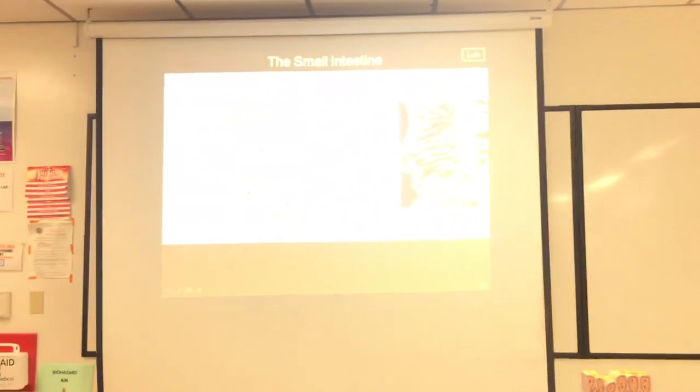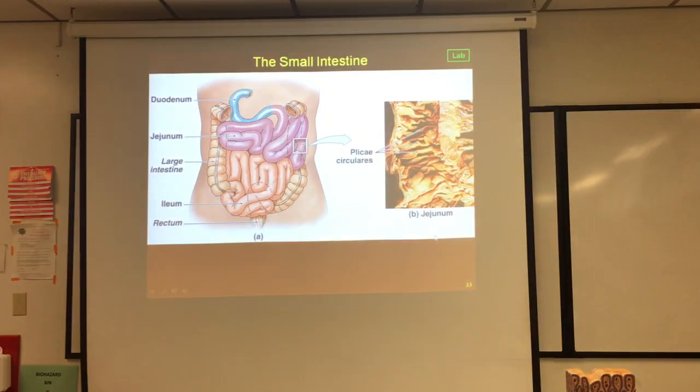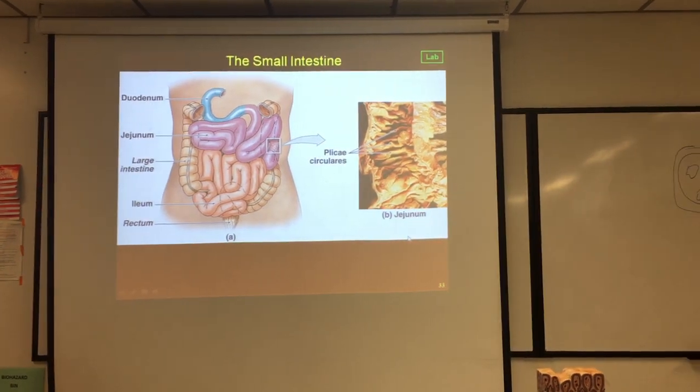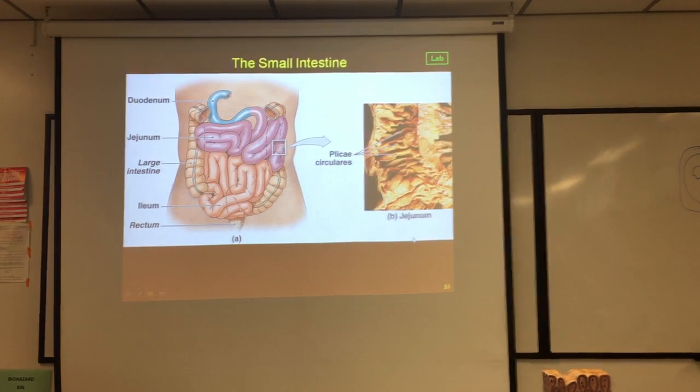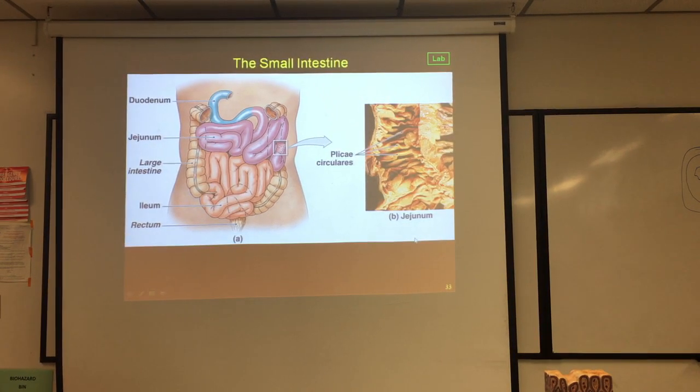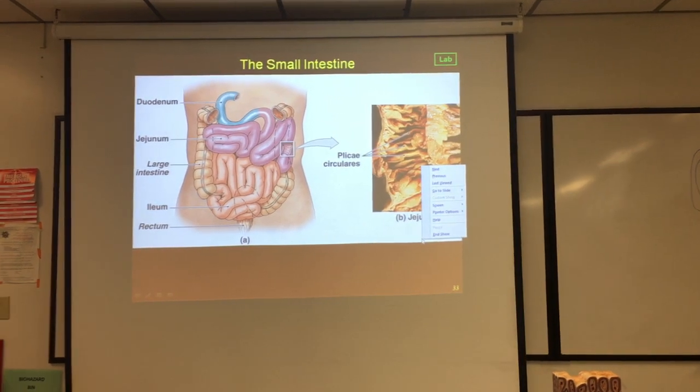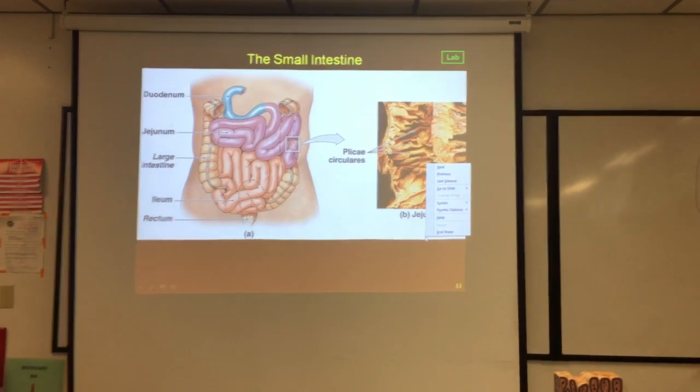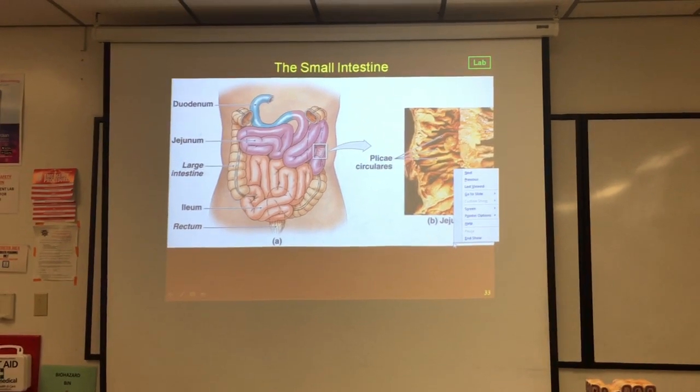Small intestine is primary site of chemical digestion and absorption. Total length of about 10 feet in the living body due to muscle tone, or about 20 feet in the cadaver without muscle tone. The duodenum itself is about 10 inches.